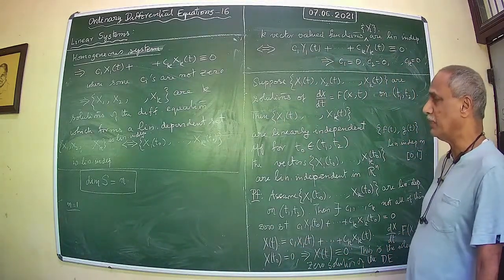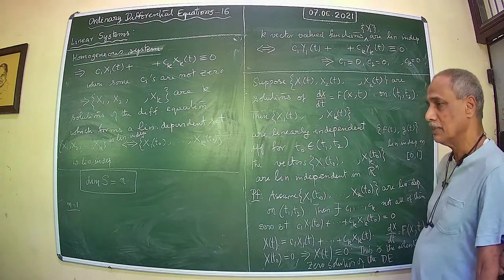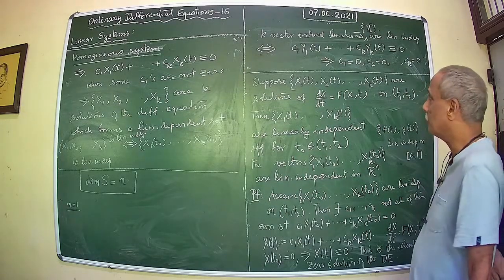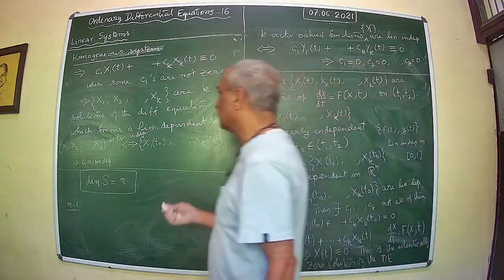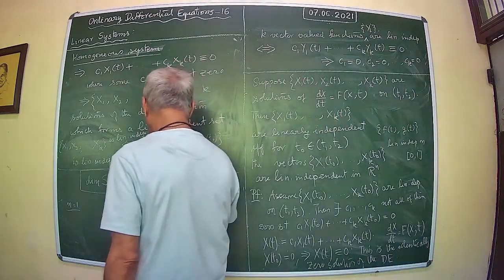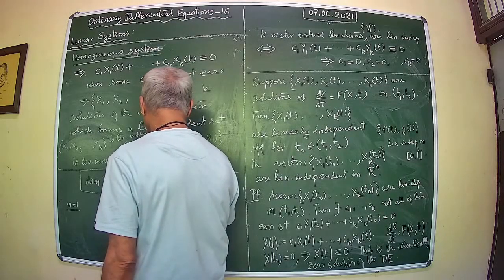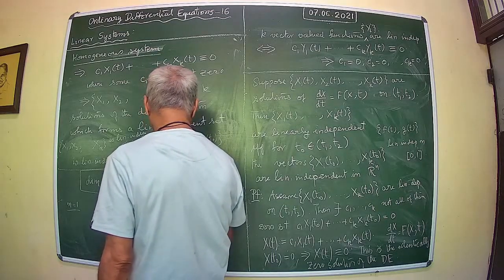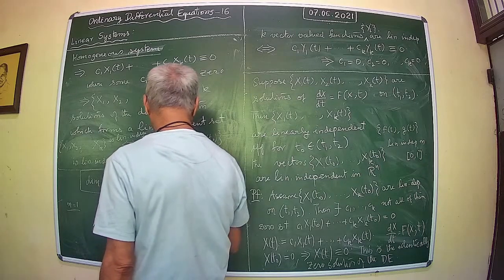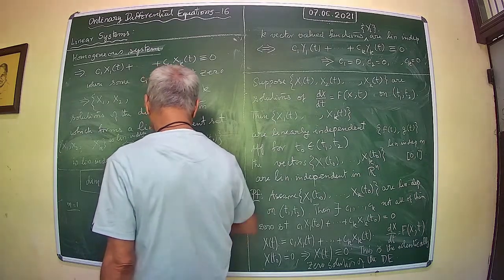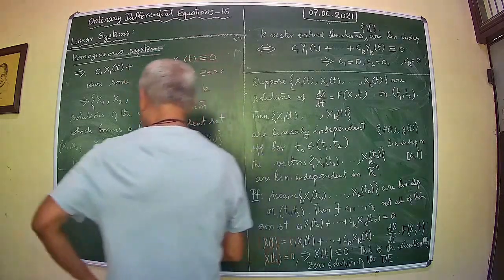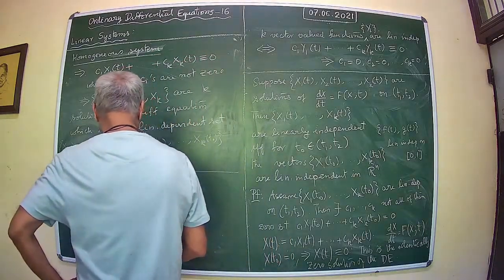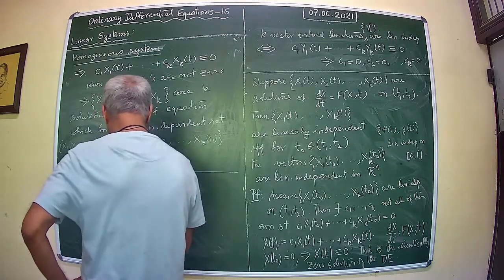Therefore the dimension of S is equal to n. Therefore it is enough to find functions possibly like this: dx by dt. I'll introduce a new notation. See, what about these functions?